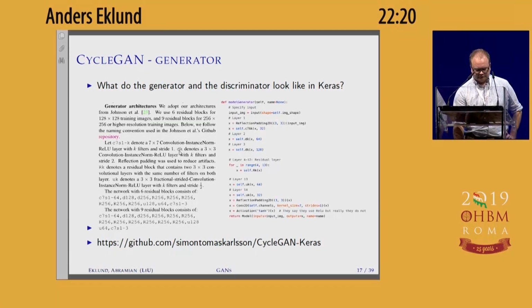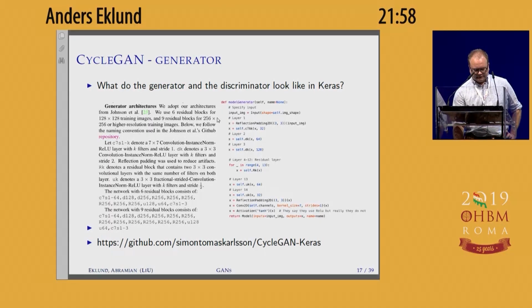DK is another type of layer where the filters are 3 by 3. Then they have RK for residual layers. They have UK for another type of layer. And then they can write out the full generator using this notation.